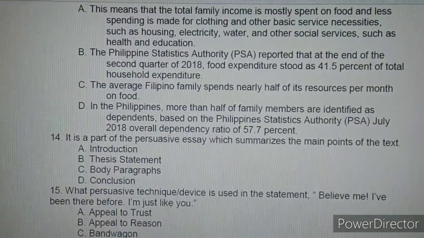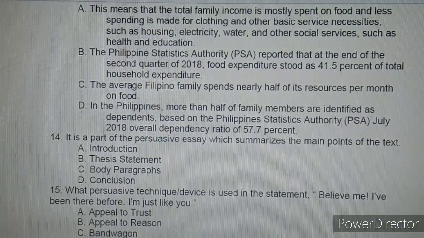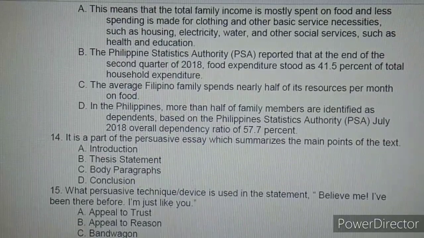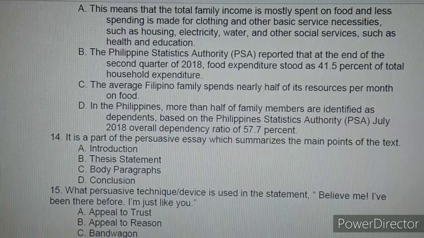Letter A. This means that the total family income is mostly spent on food and less spending is made for clothing and other basic services necessities, such as housing, electricity, water, and other social services such as health and education.